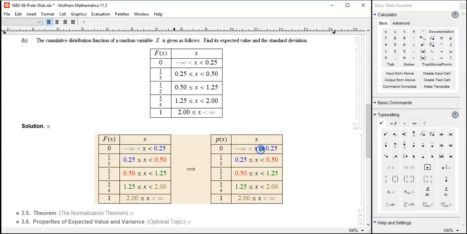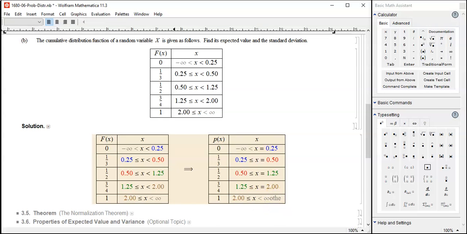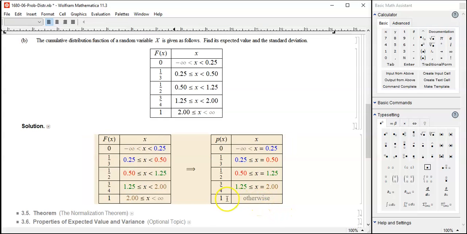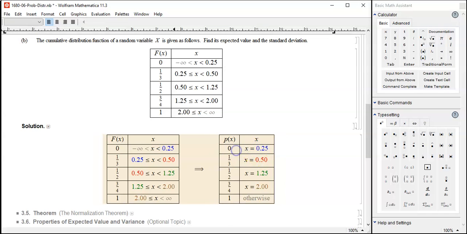So the x value is going to be 0.25, 0.5, 1.25, 2.0, and finally, otherwise. Okay, all right.